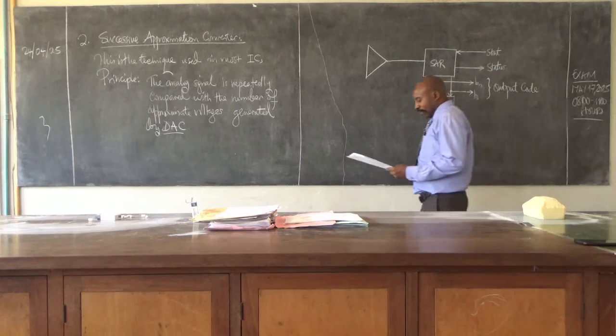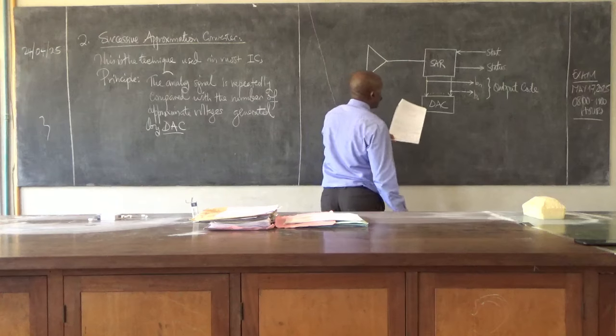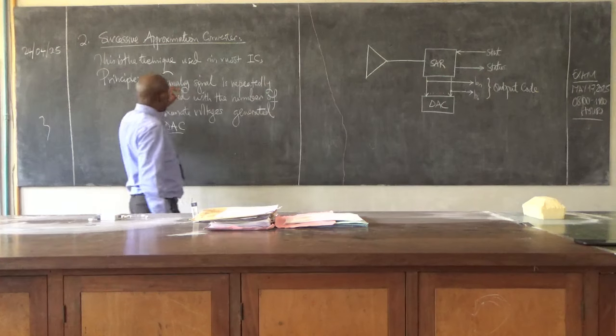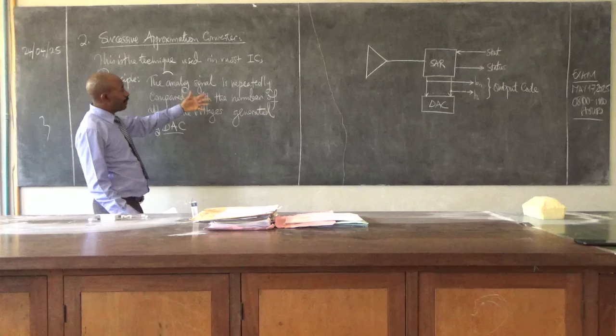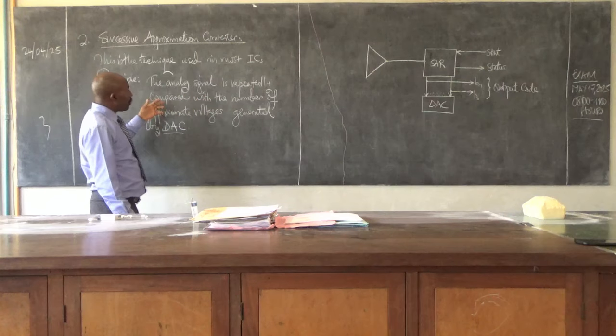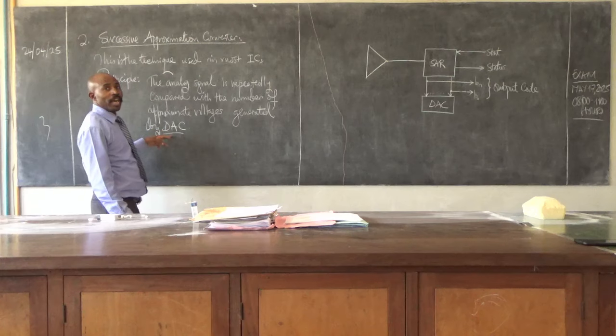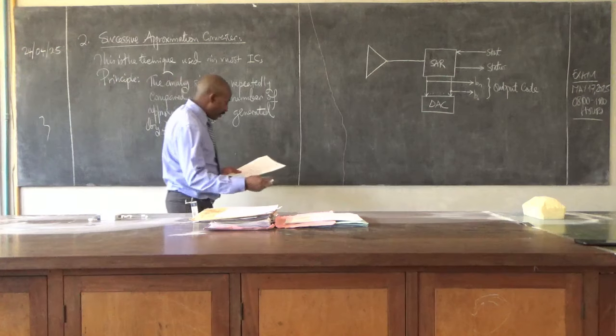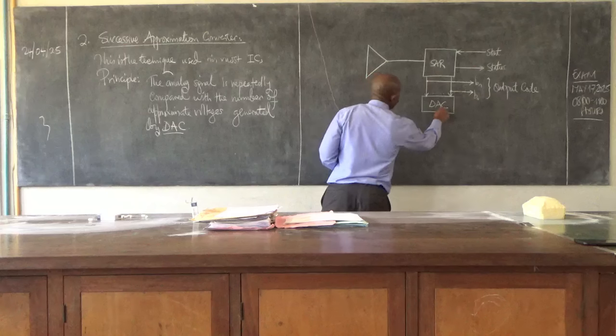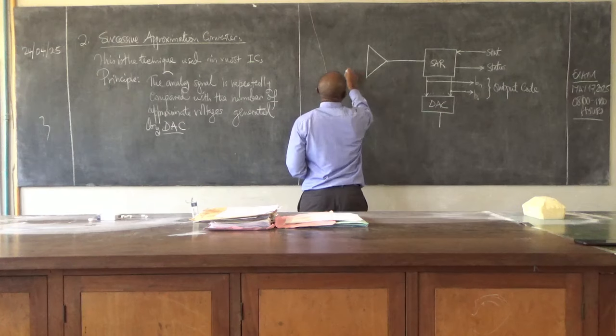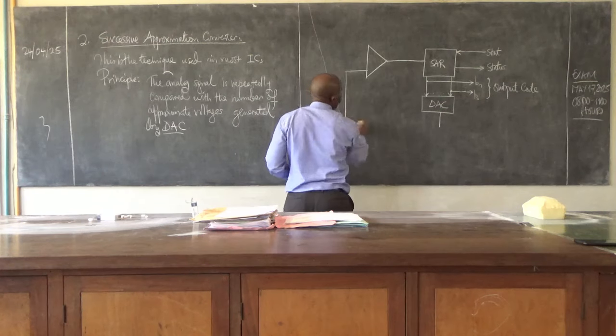But whatever we get from this DAC, the analog signal is repeatedly compared with the number of approximate voltages generated by the DAC. So we get the value from the DAC and we input it here.